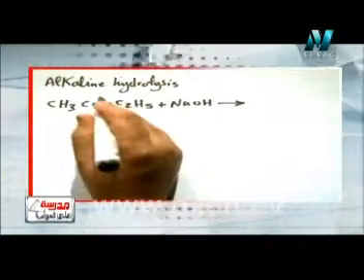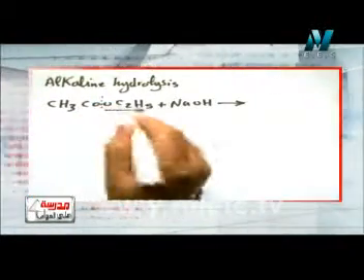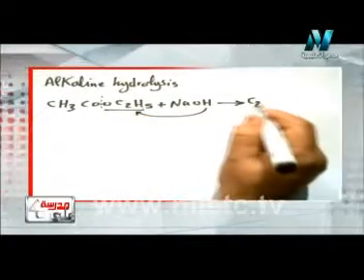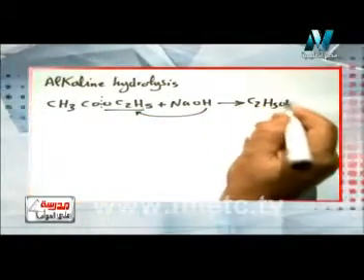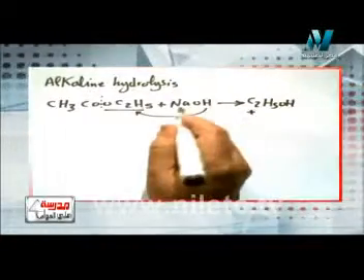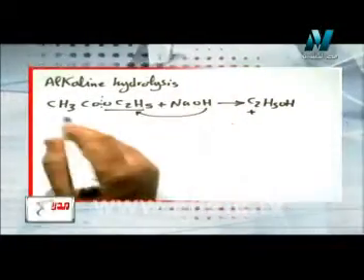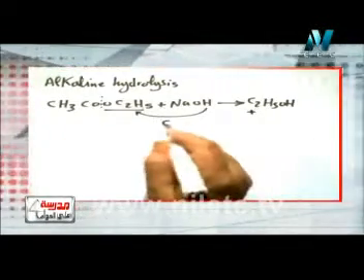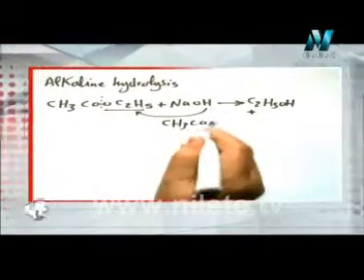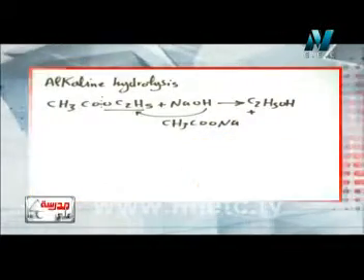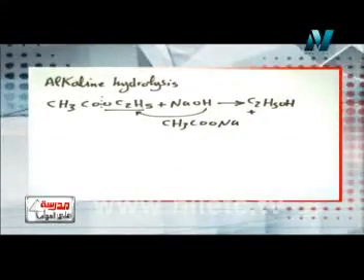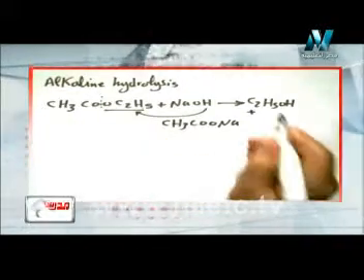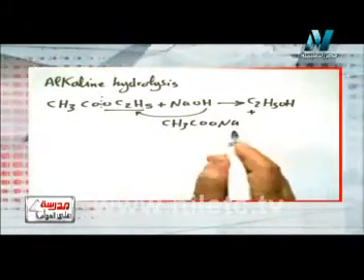It gives alcohol: C2H5O takes H to form C2H5OH. And NaO combines with CH3CO to form the salt of the acid, CH3COONa, sodium acetate. So alkaline hydrolysis of ethyl acetate gives ethanol and sodium acetate.